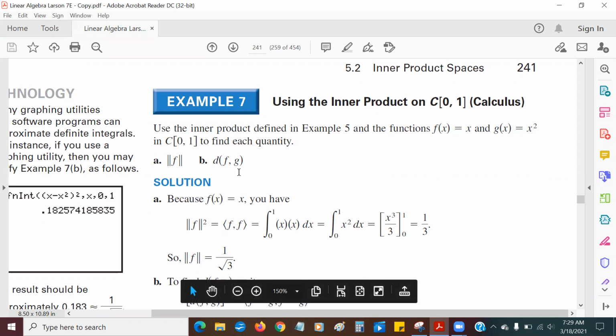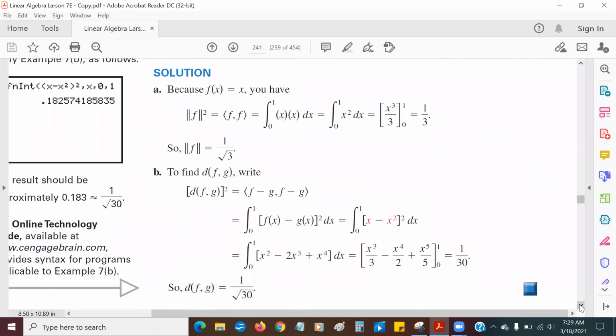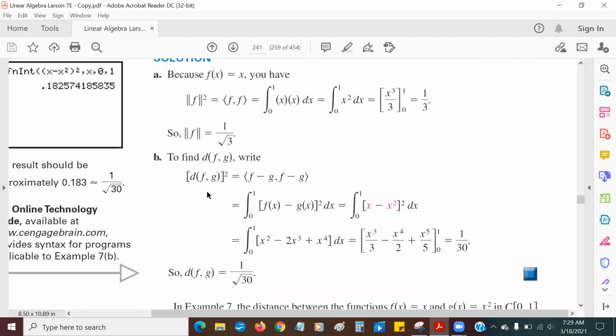Now, the distance between f and g. Remember, f of x equals x, and g of x equals x squared. By definition, the distance squared is the inner product of f minus g with itself, and again we have that from Rn.